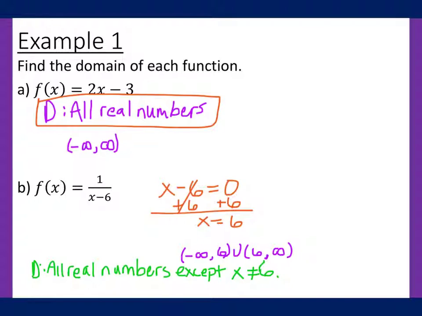So this is negative infinity, comma 6, 6, comma infinity, and that excludes only the number 6 from our interval. So that's why I like what I have written in green better than what I have written in purple.